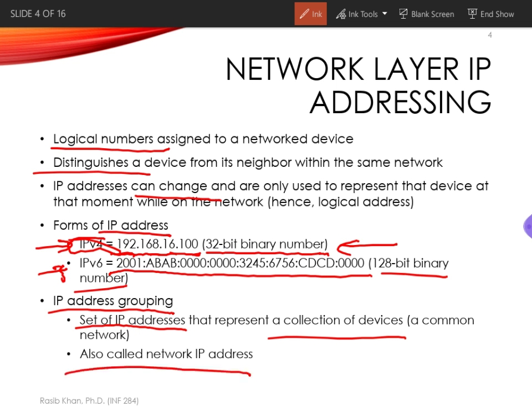And in that case, this group of IP addresses is identified by something that we refer to as the network IP address. So we have host IP addresses, which are individual numbers allocated to specific hosts on the network. And on the other hand, we have network IP addresses, which refers to a group of IP addresses.